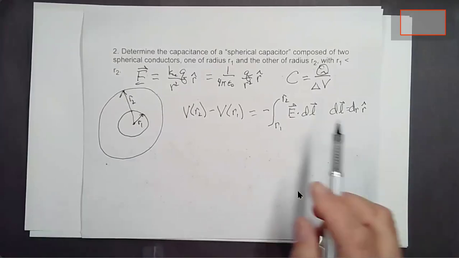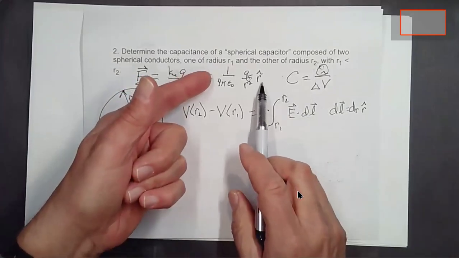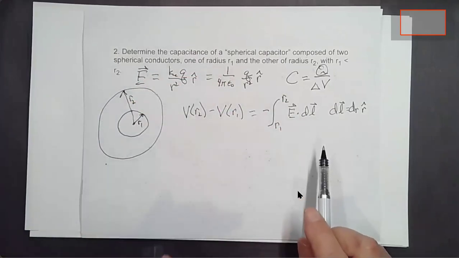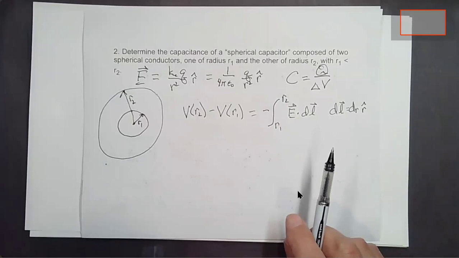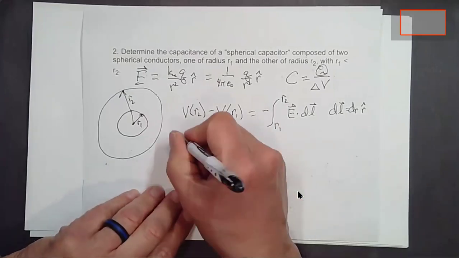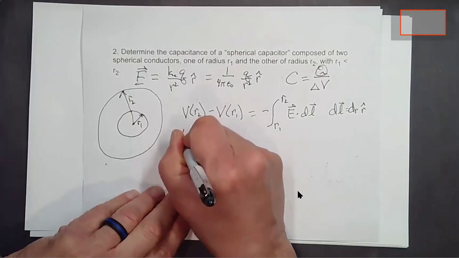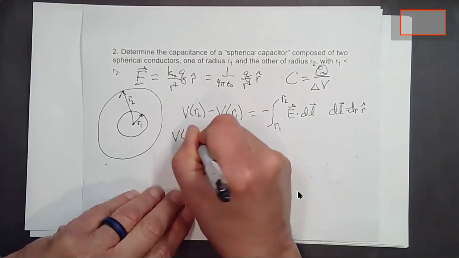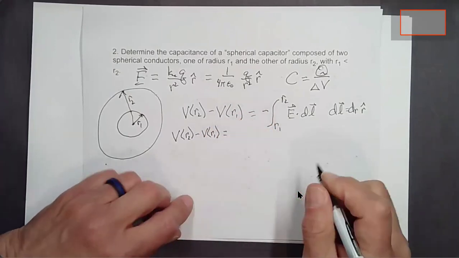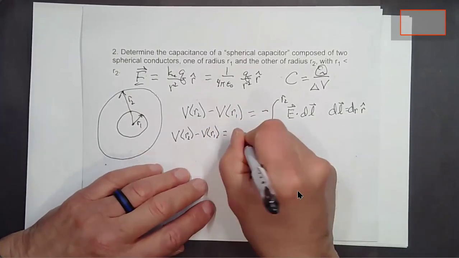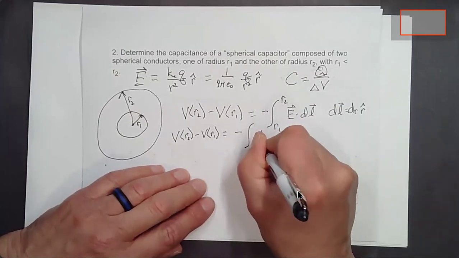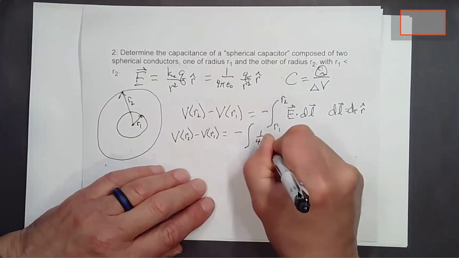Okay, well, just like I did before, when I take the dot product of this with this, the R hat dot R hat, the vector part, equals 1. And my integral will end up being, let's see, V of R2 minus V of R1 will equal the negative of the integral of 1 over 4 pi epsilon naught.